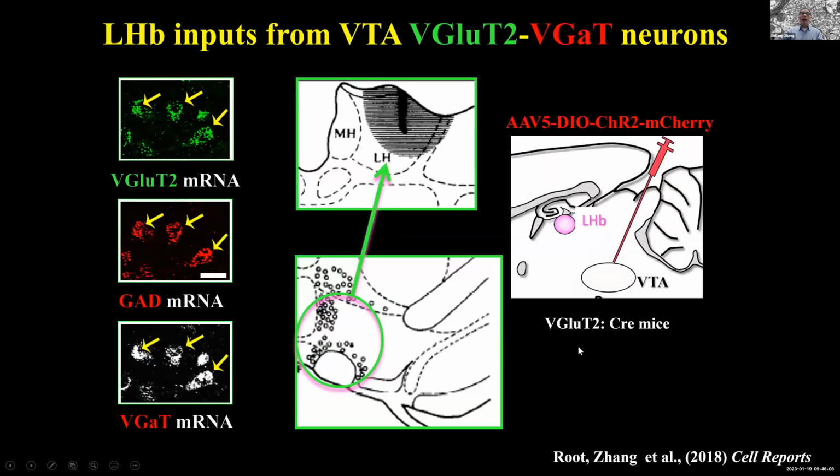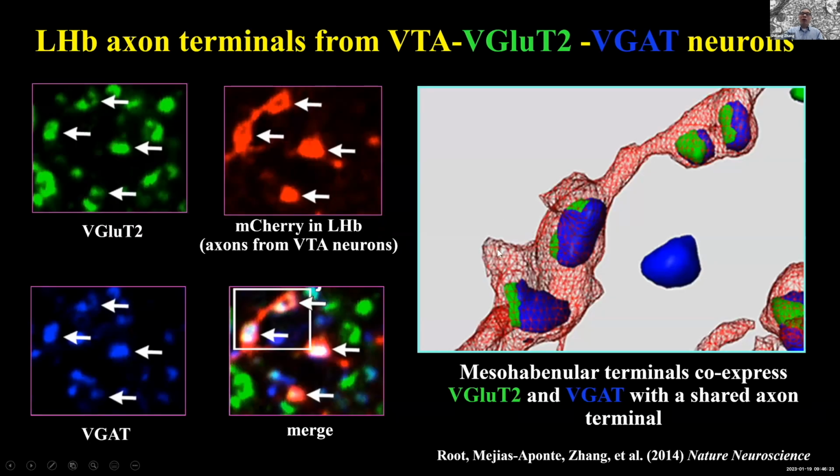Then we delivered AAV including channelrhodopsin 2 mCherry into the VTA, and then we studied the lateral habenula area. From our confocal data and 3D reconstruction, we can clearly see the mCherry axon and axon terminal, especially in the axon terminal, co-expressing VGluT2 and VGAD.